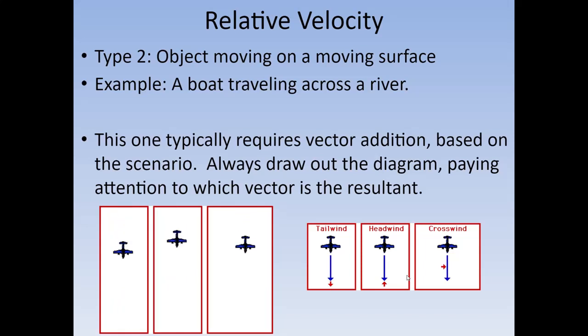I did not find them in this scenario, but you can find animations of planes having to land with really strong crosswinds, and you'll find that they end up having to actually change the angle of the plane so that they can move in a straight line. As you see here, if the wind is coming in from the east or something and moving the plane on this diagonal, the plane will never be able to land on a straight airway.